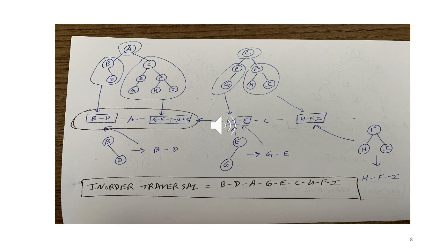BDA GEC HFI. Okay. So the idea is, given the original tree divided into root, left subtree, right subtree, the root will appear as is, and the way it will appear is left subtree followed by root followed by right subtree. Right.